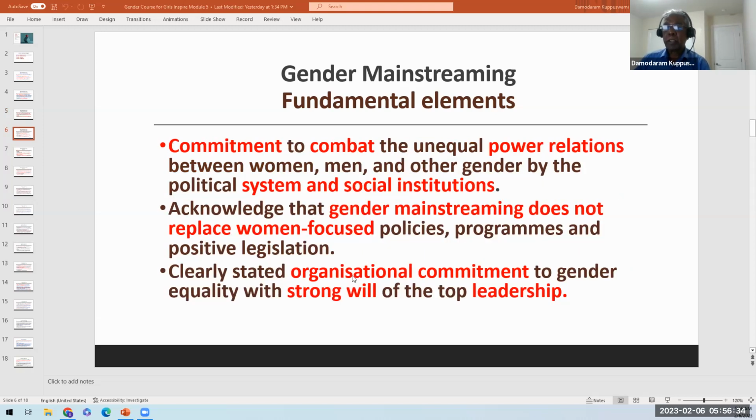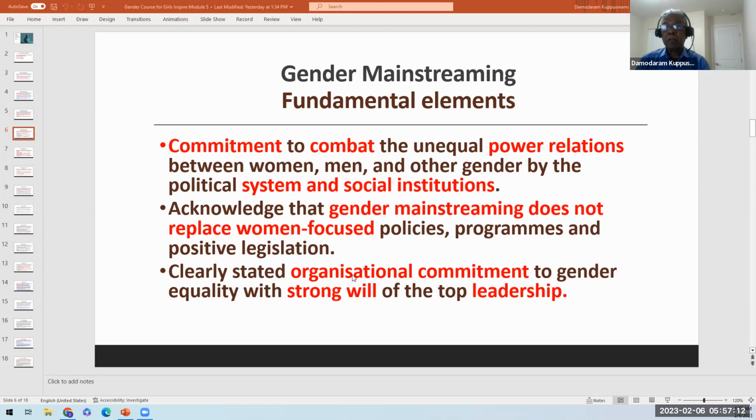So gender mainstreaming should look at the existing power relations between women and other genders within systems and institutions, and then transform those relations.